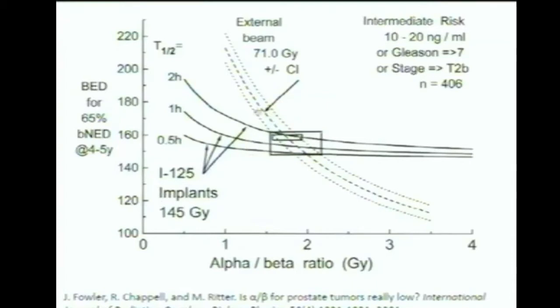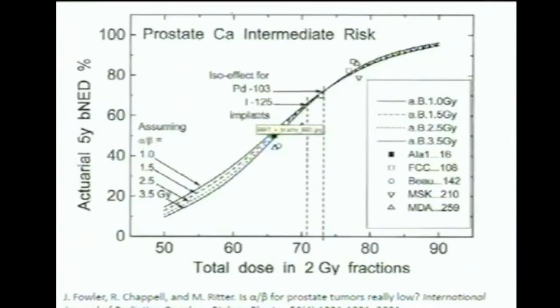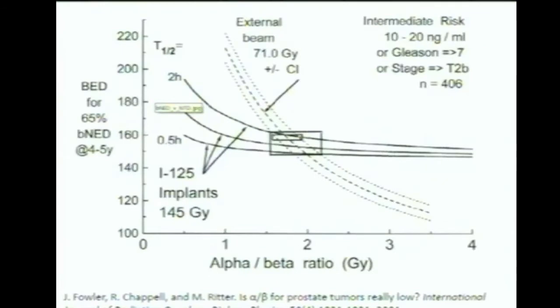And so, since they have the same BNED, they should also give you the same BED. So where the curves intersect should be the correct value for the alpha-beta ratio. And in this case, that comes out to be about 1.5 to 2 grays.